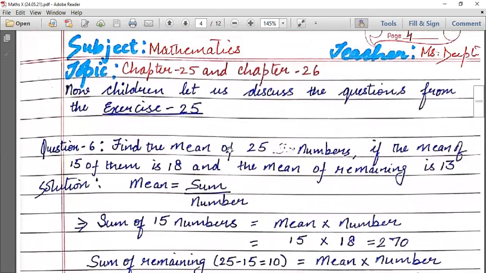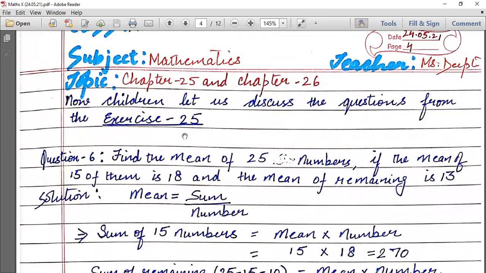Now, children, let's discuss the questions based on the above formulas one by one from your exercise 25. Your first one is question number 6: find the mean of 25 numbers if the mean of 15 of them is 18 and the mean of the remaining is 13.